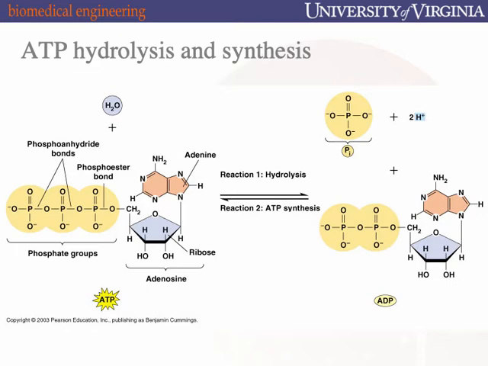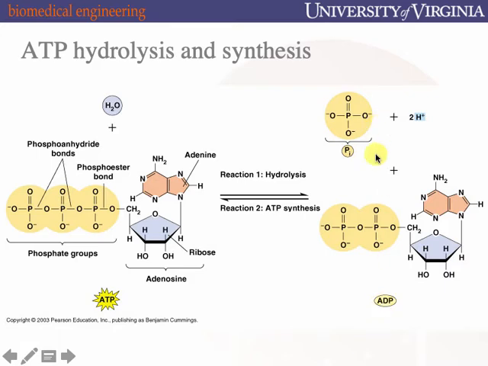ATP. ATP is the fundamental energy currency in both prokaryotes and eukaryotes. You've seen the chemical structure before: triphosphate, ribose sugar, adenine base. Where the energy comes from for an overwhelming majority of chemical reactions is through hydrolysis of the gamma phosphate on ATP to generate ADP and inorganic phosphate.